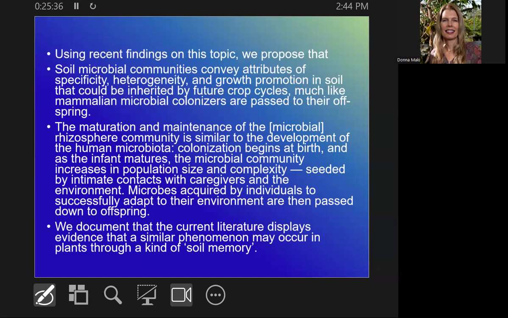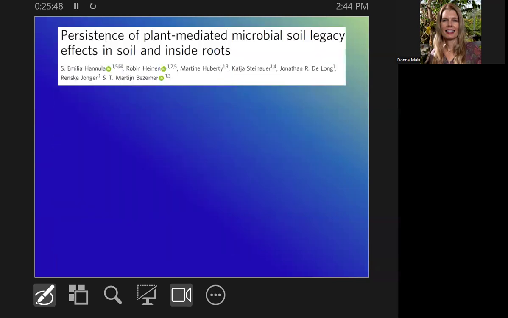They were using the term soil memory because when plants are growing in the soil, they impact the microbes and are changing the types of microbes that are there, the ratios, population levels. And so you'll also see this term, soil legacy, the microbial soil legacy, persistence of plant-mediated microbial soil legacy effects in the soil and inside the roots.